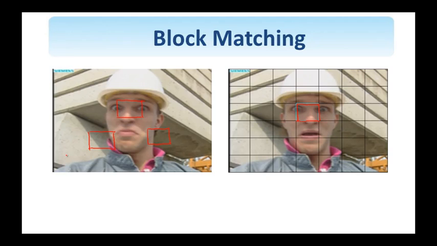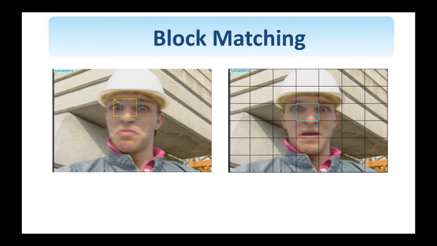And we try to find the best match of the block in the current frame with a block in the previous frame. Let us assume that the best match of the cyan block in the current frame was with the yellow block in the previous frame, based on some matching criterion that we will discuss a bit later.